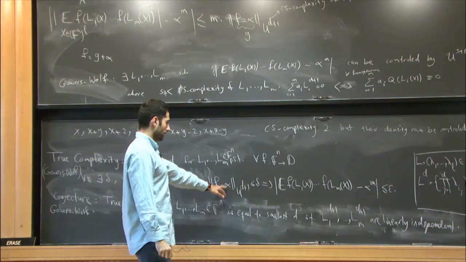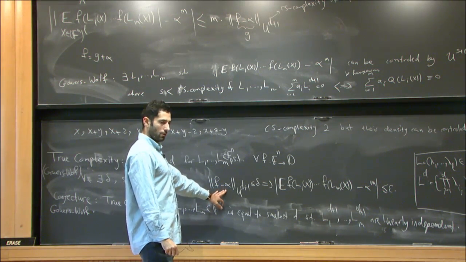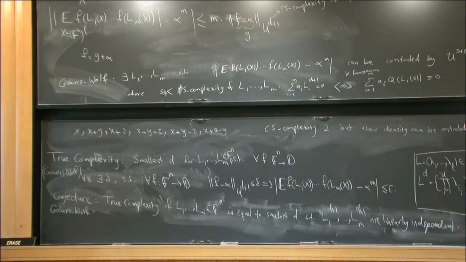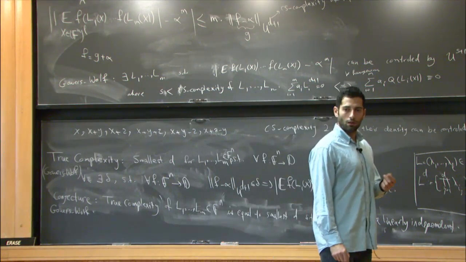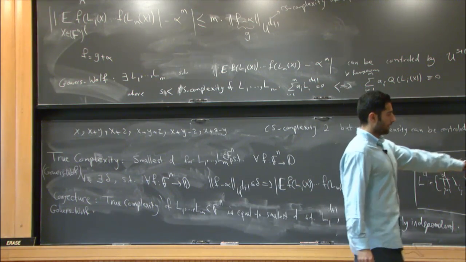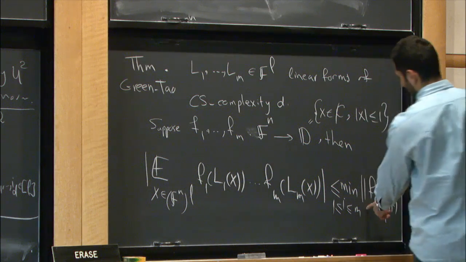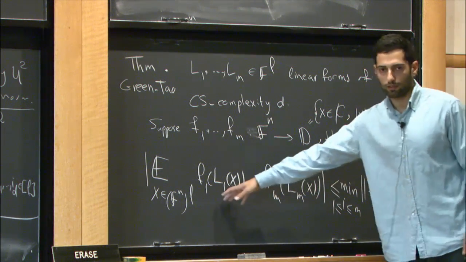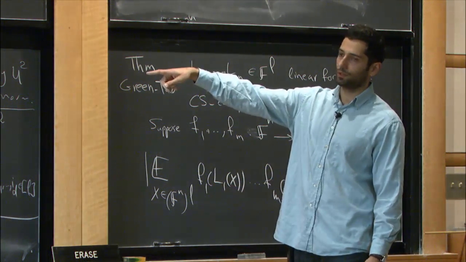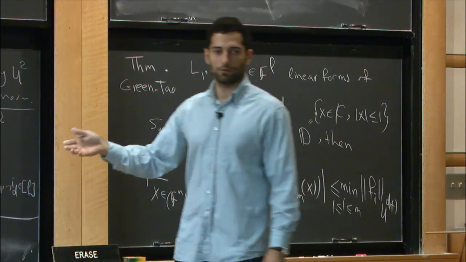So this will be between 0 and 1. Normally we would think of it as the average. It won't be like bounding it directly. It will say that if the Gowers norm is small, then, not directly the way it's defined, but that's one of the things that we prove.